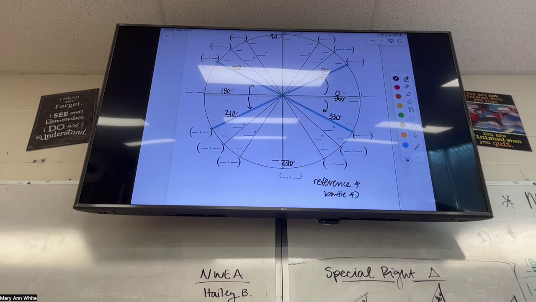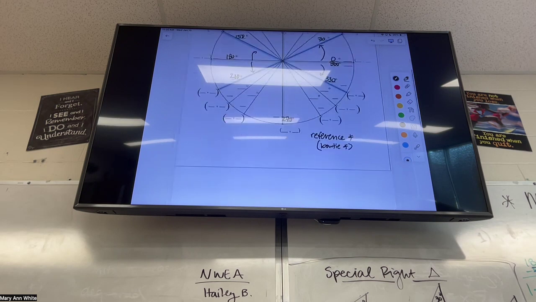Bow tie is what I call it because that's what it looks like, but the math definition would be a reference angle. Basically, and that's why I have these little arrows still on my board, that is the distance from the positive x-axis. So you're either going up from the positive x-axis or you're going down from the x-axis, and those are my reference angles.